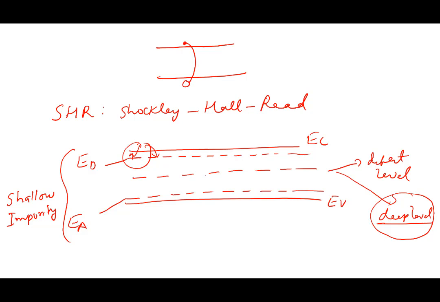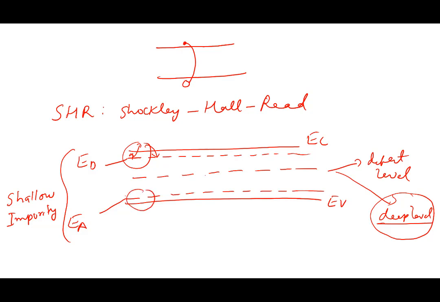That's why we call it a donor. It either gives an electron to the conduction band when it ionizes, or if the temperature is not enough, the electron will fall back into the donor level. So it's primarily interacting with the conduction band. And an acceptor level's interaction is with the valence band.